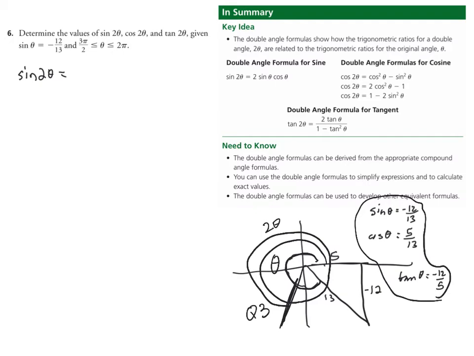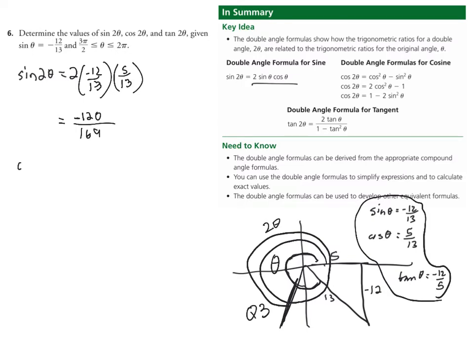All right, and so the sine of 2 theta is simply 2 sine theta, which is negative 12 over 13, times cos theta, which is 5 over 13. So something over 13 squared is 169. 5 times 12 is 60, 120, so negative 120 over 169.